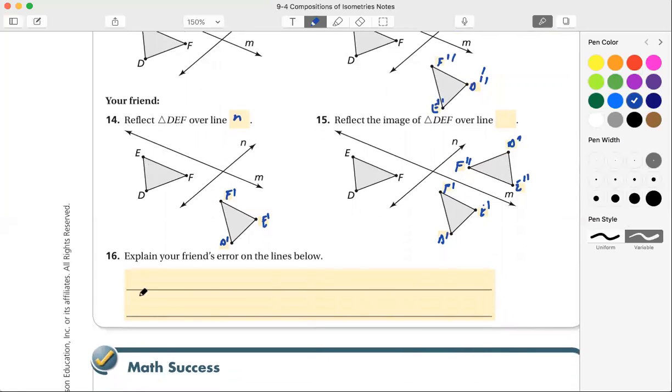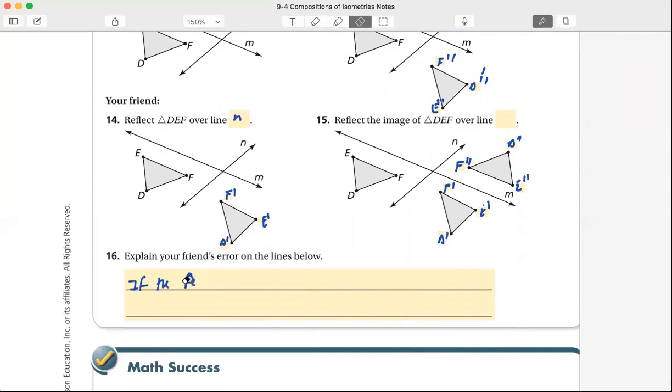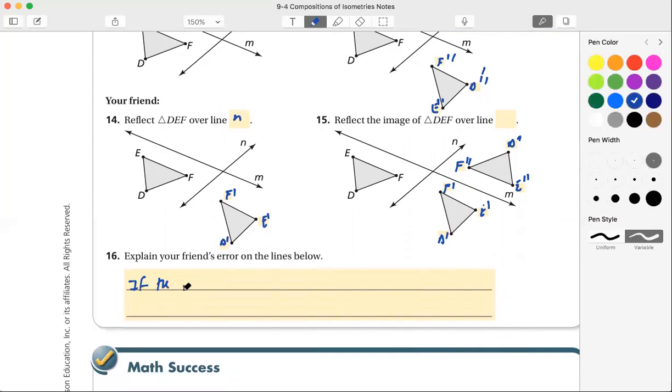So if the reflection is across M, then N, the rotation is clockwise.